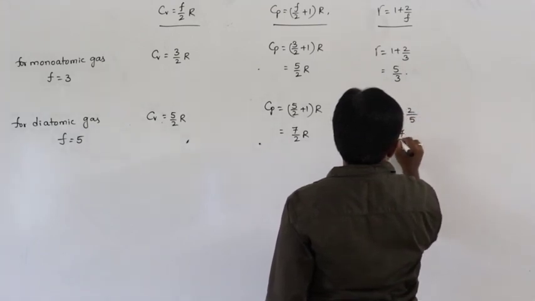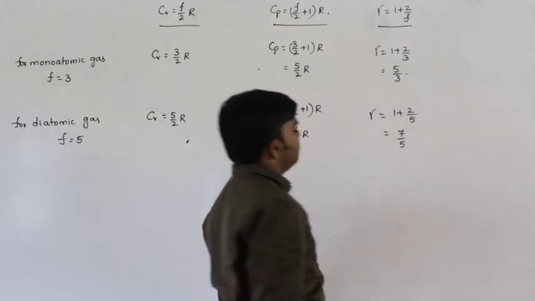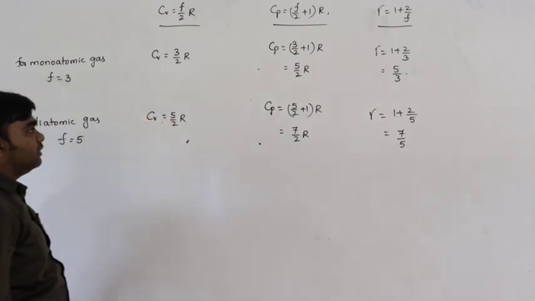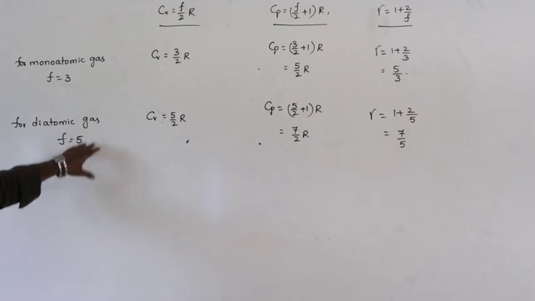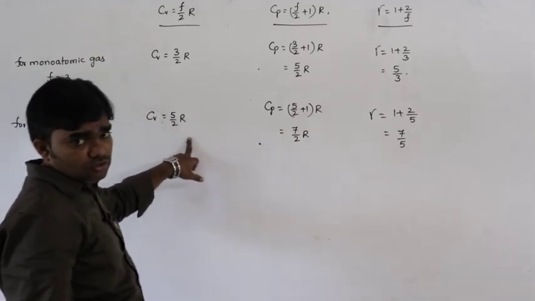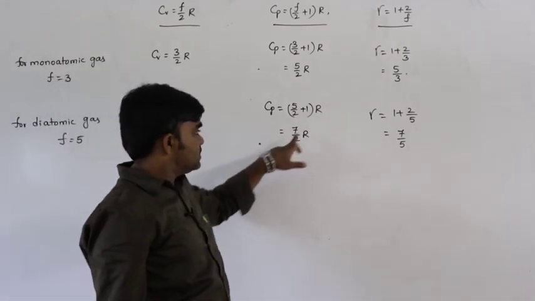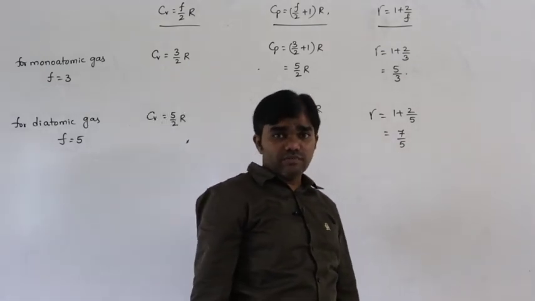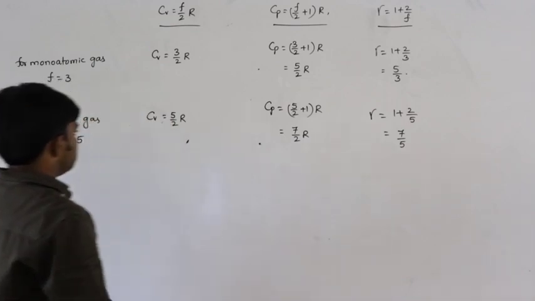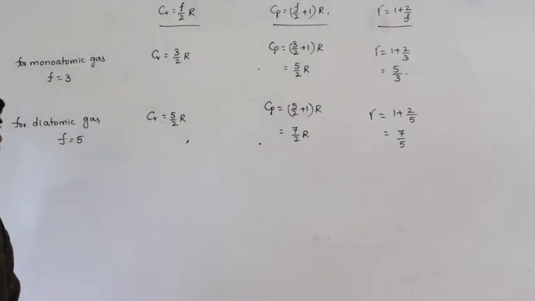So, that is equal to 7 by 5. So, for diatomic gas, the value of Cv is equal to 5 by 2 R, the value of Cp is equal to 7 by 2 R, the value of gamma is equal to 7 by 5. This is for diatomic gas.